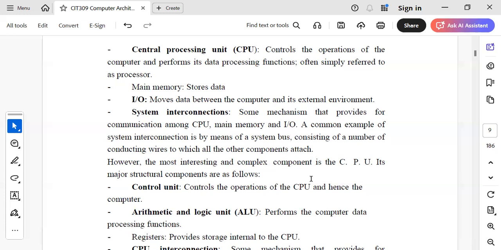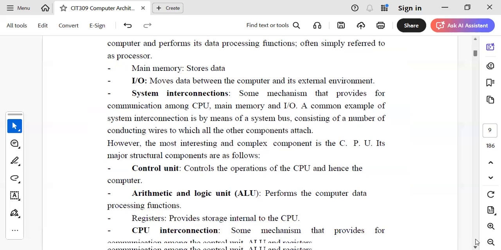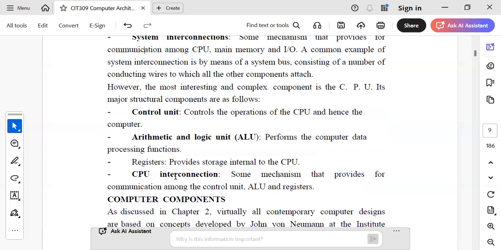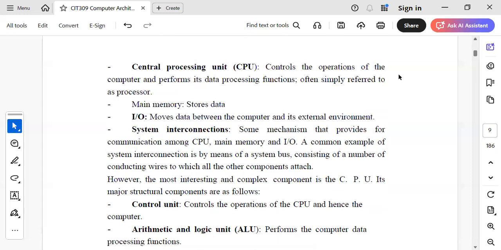No, no, no, no, no, you are missing it. All the ones you are mentioning are under the CPU. The four you are talking about are the CPU: the control unit, the ALU, the system interconnection, and the CPU. These are the four structural components. Now explain them to us.